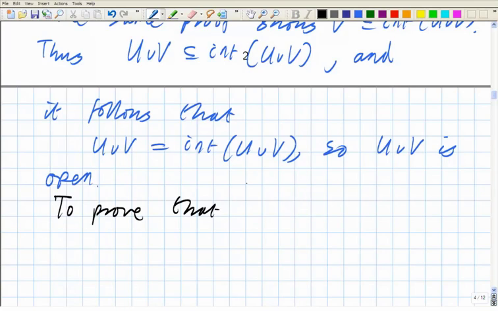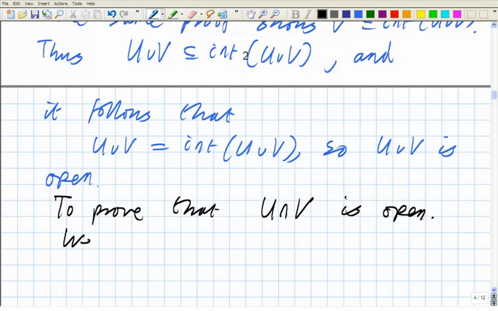So to prove that U intersection V is open, again, given that U and V are open, remember, we've got to use the fact that U and V are open somewhere in our proof. Suppose X is a point of U intersection V, then we have to prove it's an interior point.